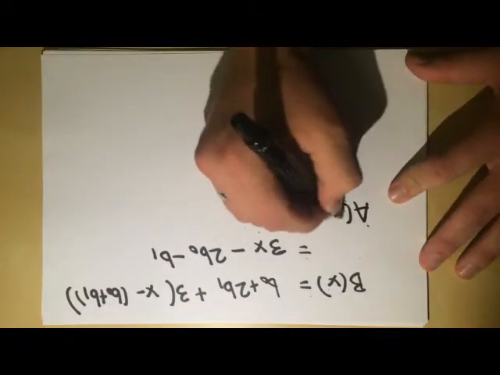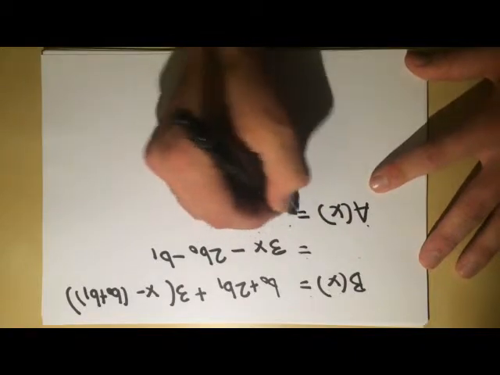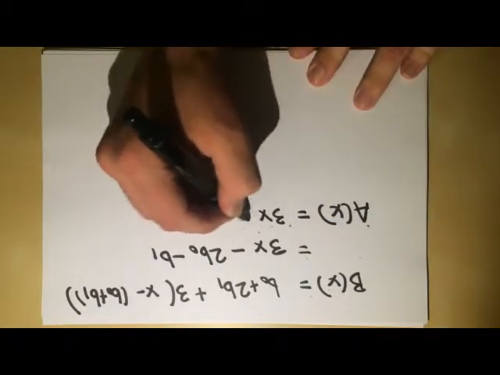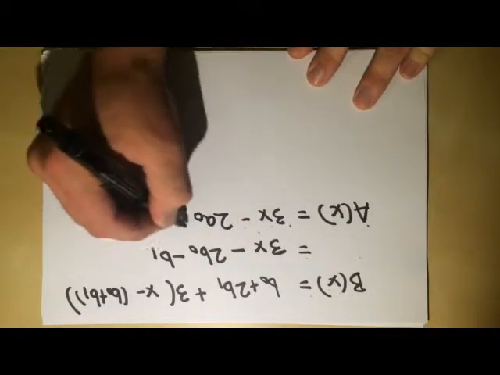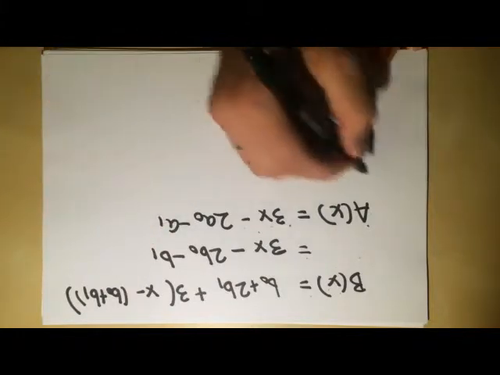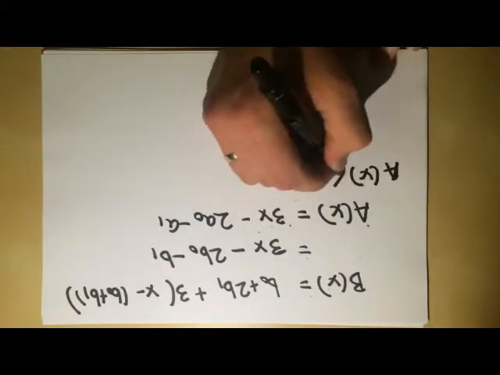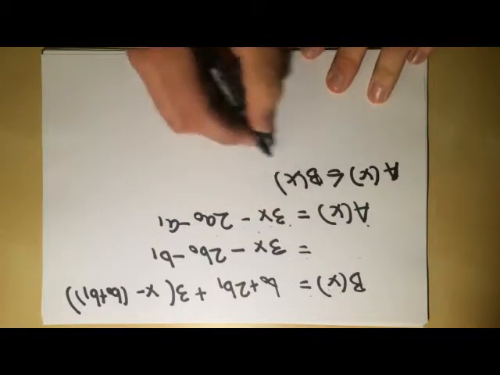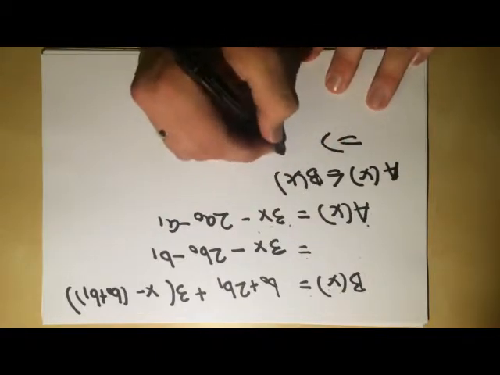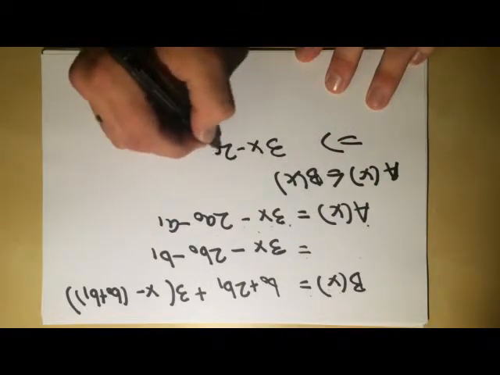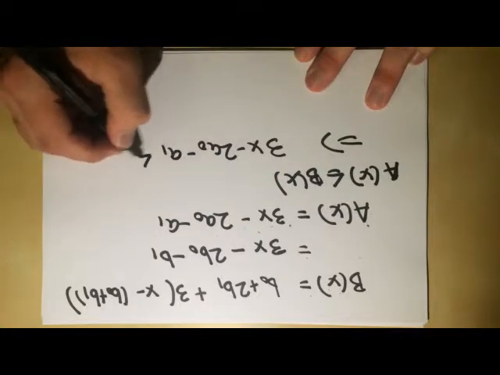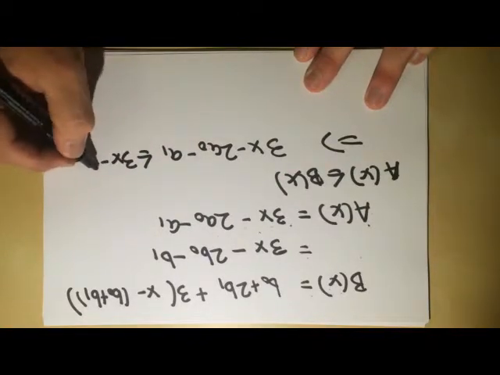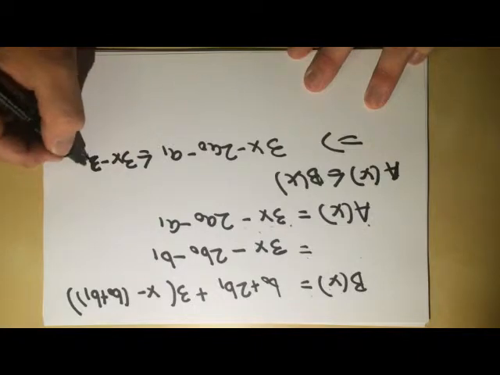Okay, and similarly we can write out that a of x is equal to 3x minus 2a0 minus a1. And if we had that a of x was less than or equal to b of x, what would this tell us? This would tell us that 3x minus 2a0 minus a1 is less than or equal to 3x minus 2b0 minus b1.